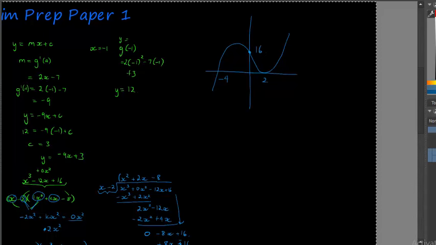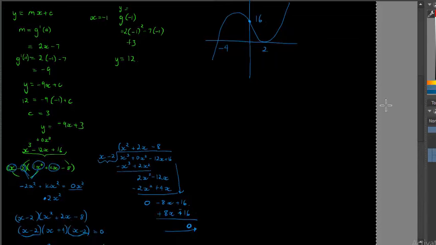Okay, so now I have to find the turning point. To find the turning points, I take the derivative and make it equal to 0. The derivative is 3x squared minus 12 equal to 0, and so I get x squared minus 4 equal to 0.